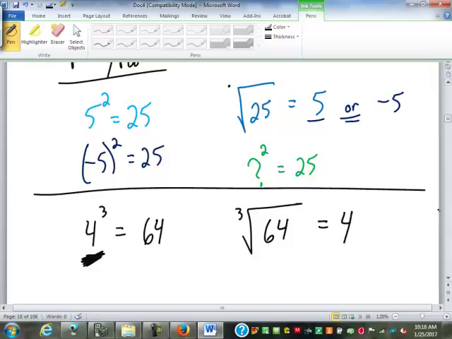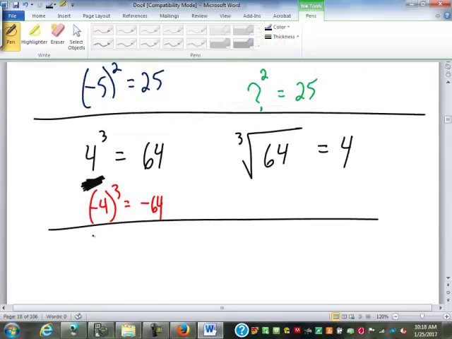Could it be also negative 4? Well, let's ask ourselves, is negative 4 to the power of 3 64? No, because it's an odd root, that's a negative 64. So the odd roots do not have to worry about having it positive or negative. They're always going to be positive or negative.